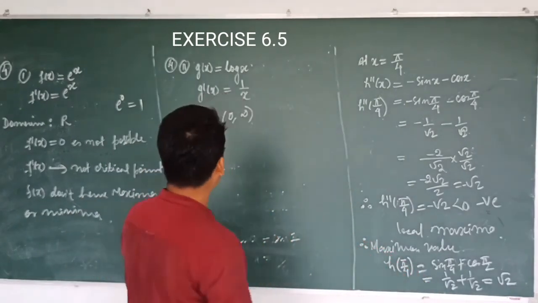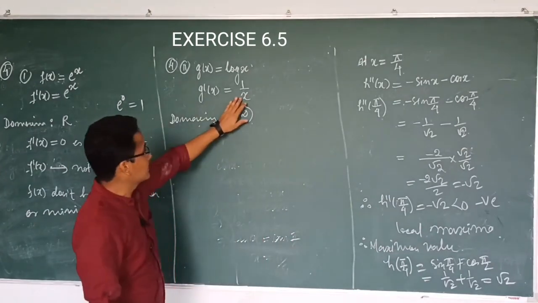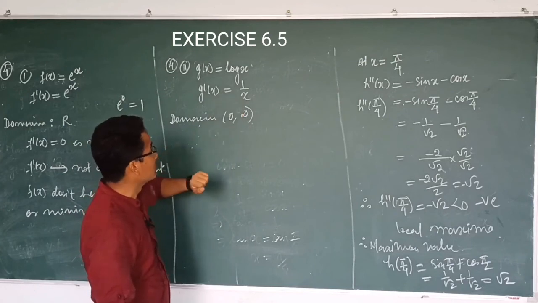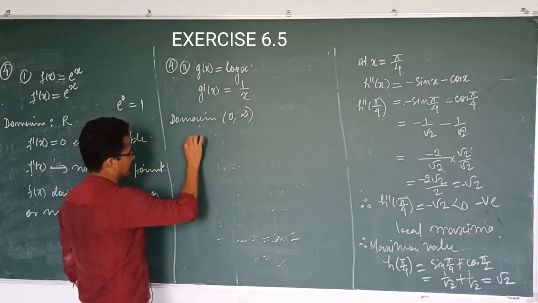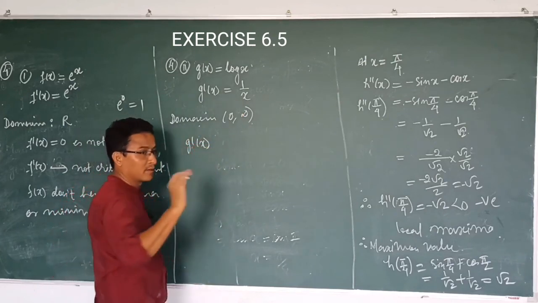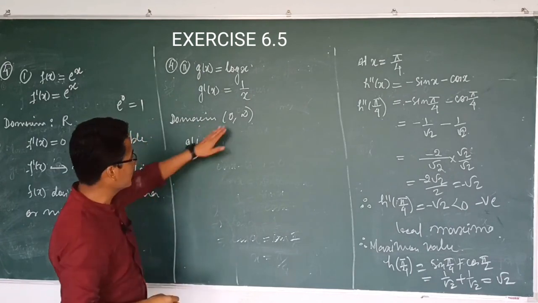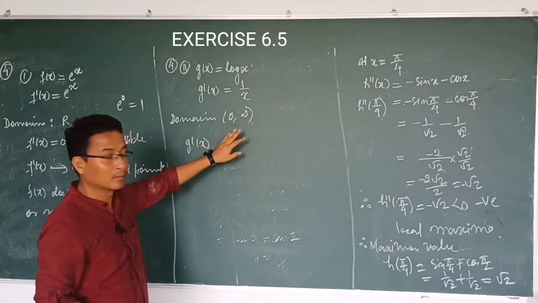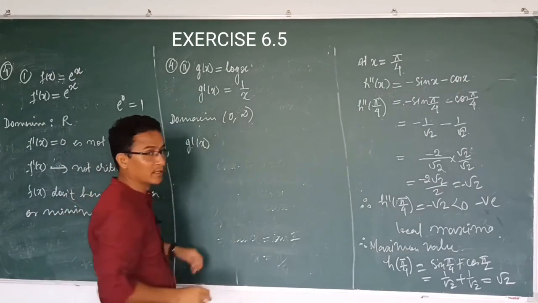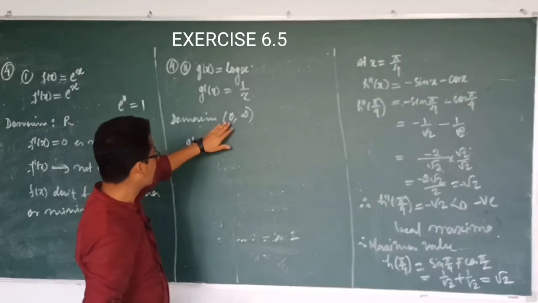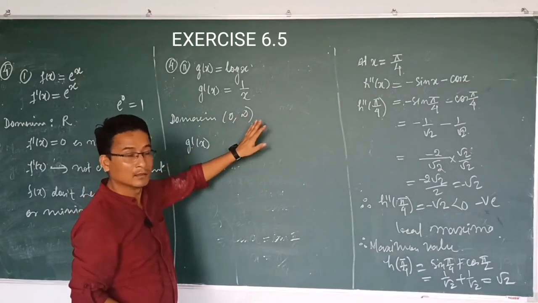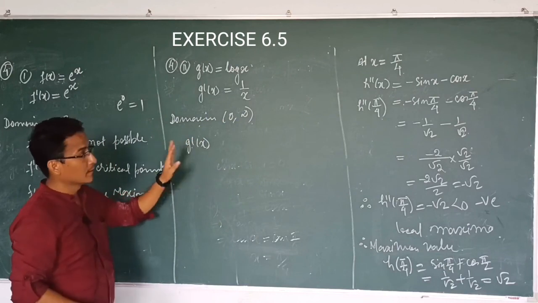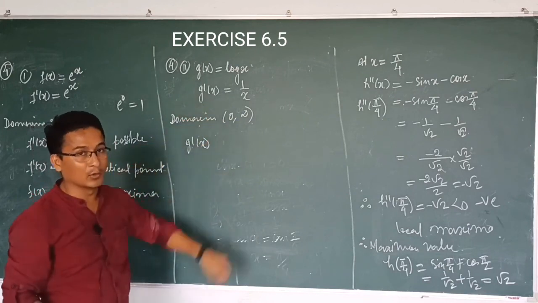Clear? So f dash x is never 0. If you put a value from 0 to infinity, an open interval not including 0, you never get f dash x equal to 0.